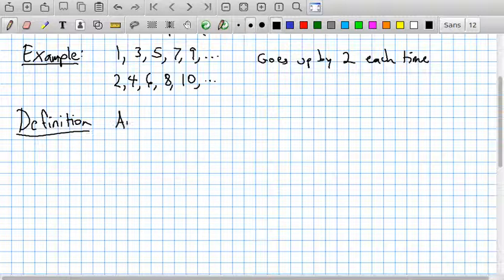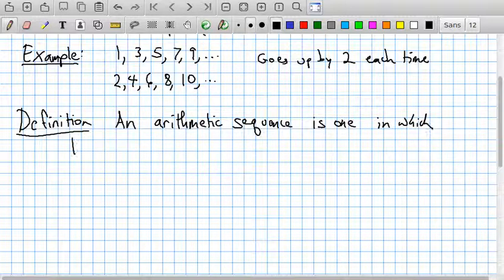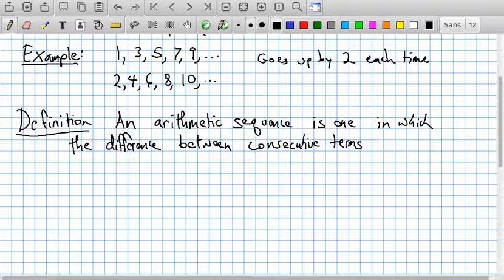An arithmetic sequence is one in which the difference between consecutive terms is always the same.